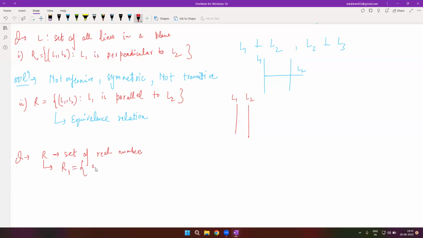And now R1 says (A, B) is a pair of R1 if A is less than or equal to B square. You have to check whether the given relation R1 is reflexive, symmetric, or transitive in nature. And A and B can be any real value.